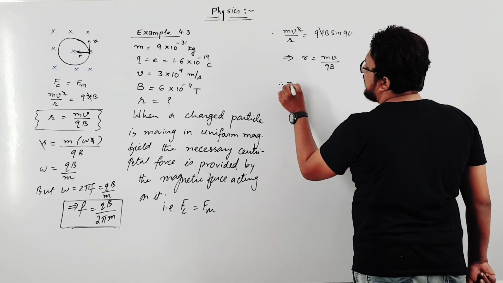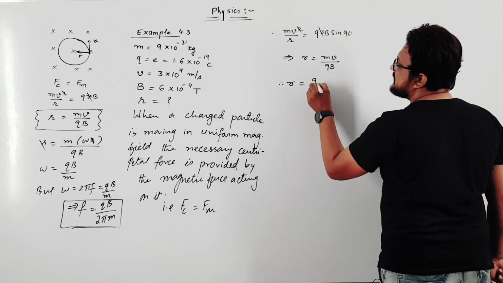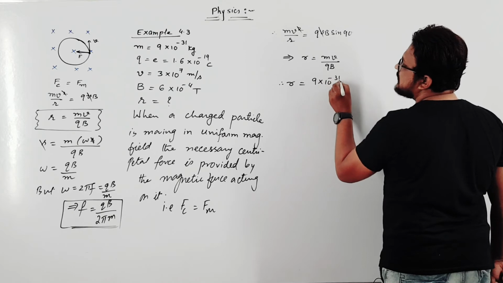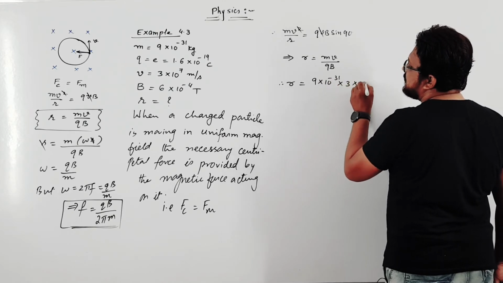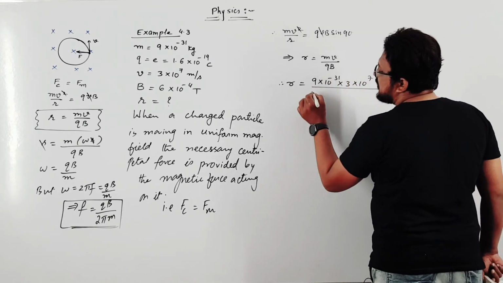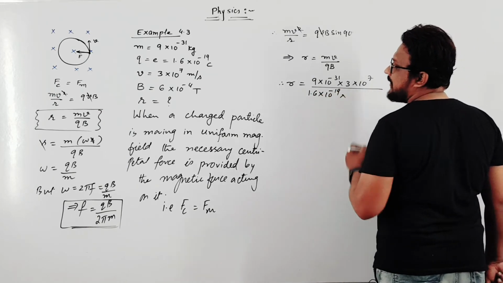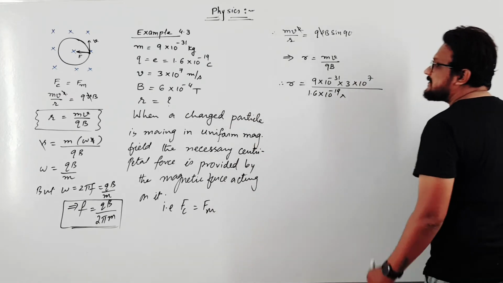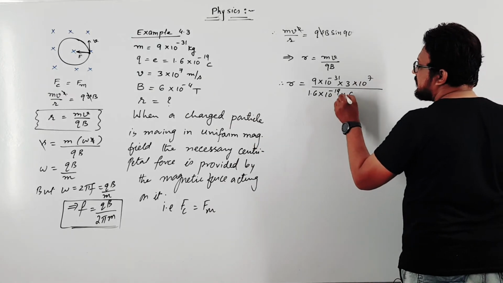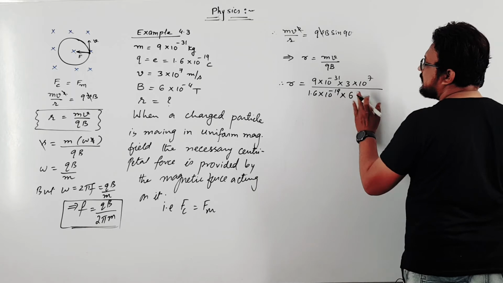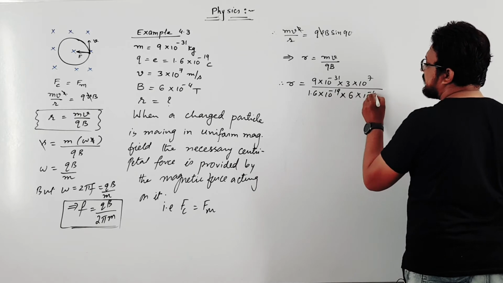So therefore r will be equal to, mass is given as 9 into 10 to the power minus 31, velocity is 3 into 10 to the power 7, charge of electron is 1.6 into 10 to the power minus 19, and magnetic field B is given as 6 into 10 to the power minus 4.